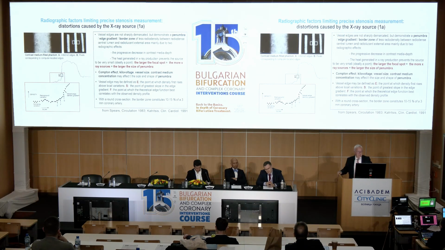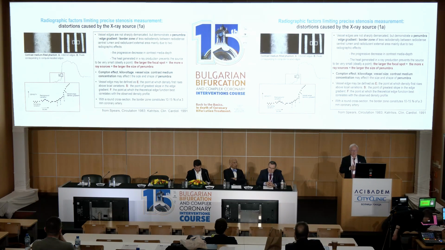And what you can see is the vessel edges are not sharply demarcated, but at the periphery there is what we call a penumbra or edge gradient or border zone of less radio density. This is mainly related to the fact that close to the wall, the thickness of the contrast is less than in the middle. So we cannot change that.